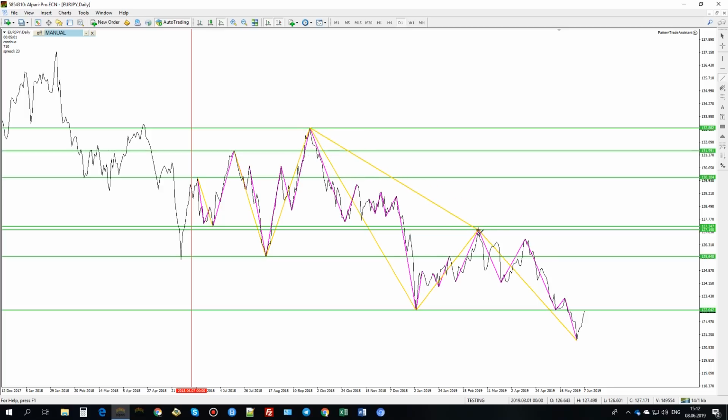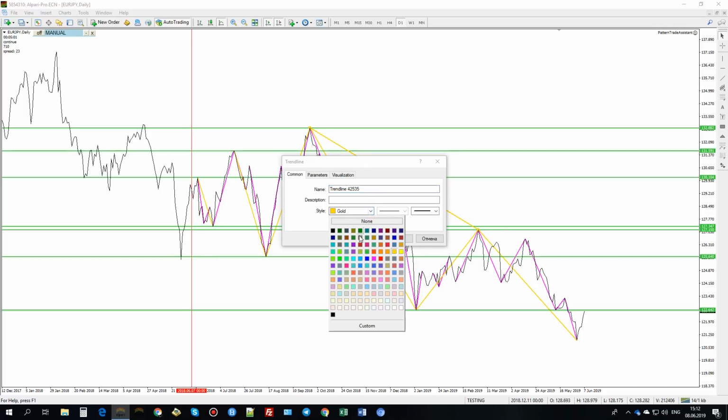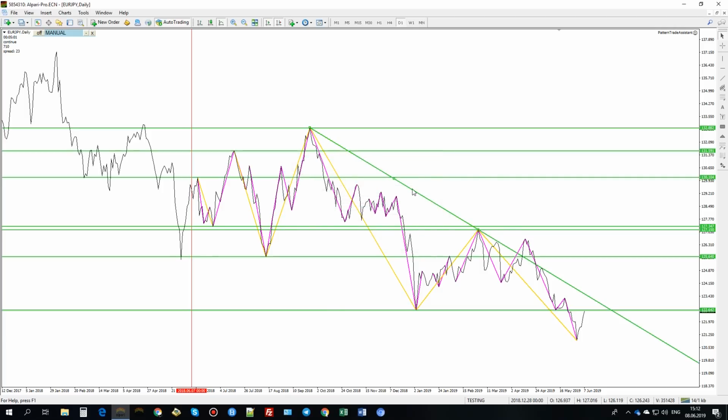We simply connect the highs. Let's extend this, and let the color be lime green as with all our levels. It was exceeded slightly here, and then price came back. This was a false breakout or something.